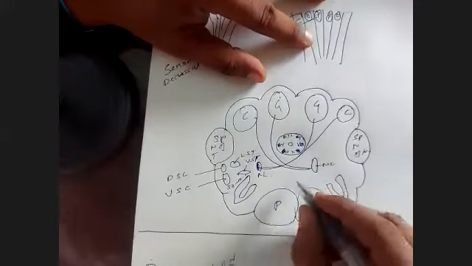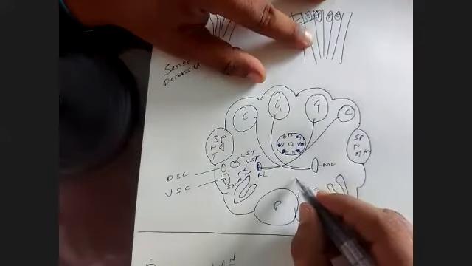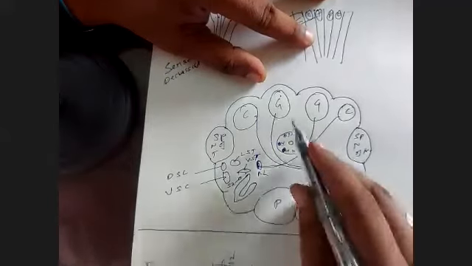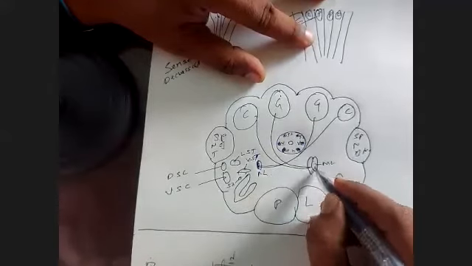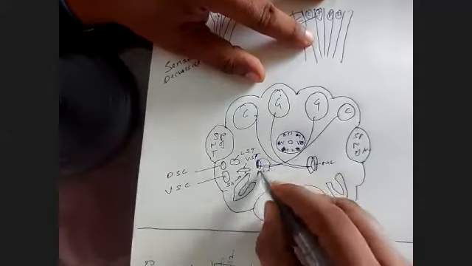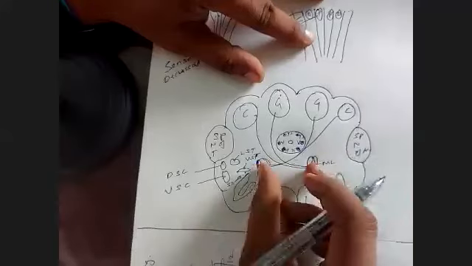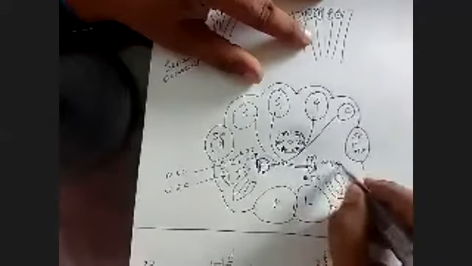Among the descending tracts, sorry, this medial lemniscus I have drawn slightly on the lateral side. It will be more close to the midline only. That's how it is called medial lemniscus. It should be shown slightly in this area. Then the tectospinal tract, and we see the vestibulospinal tract.